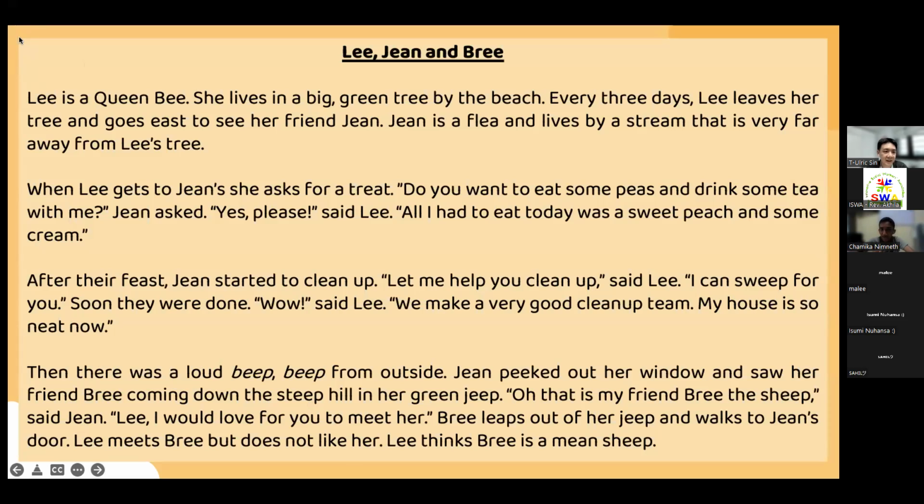Lee, Jean, and Bree. Lee is a queen bee. She lives in a big green tree by the beach. Every 3 days, Lee leaves her tree and goes east to see her friend Jean. Jean is a flea and lives by a stream that is very far away from Lee's tree. When Lee gets to Jean's, she asks for a treat.